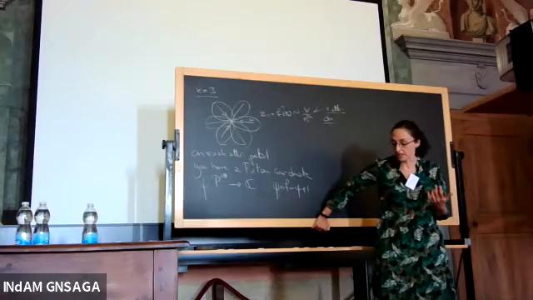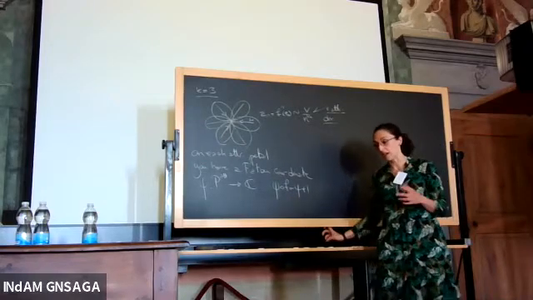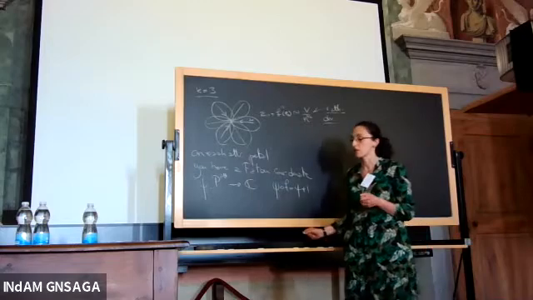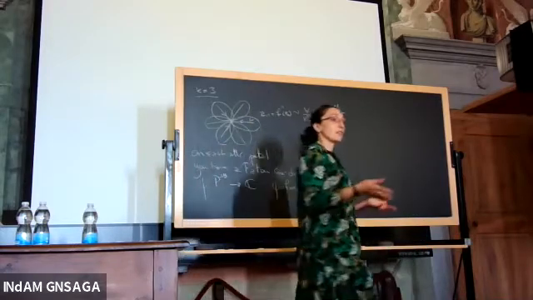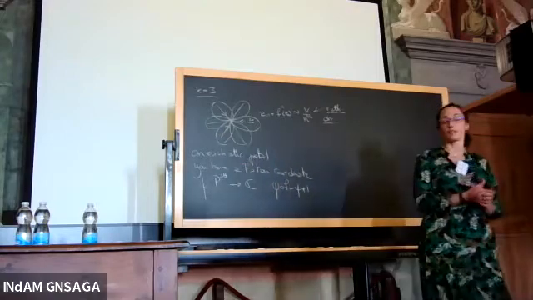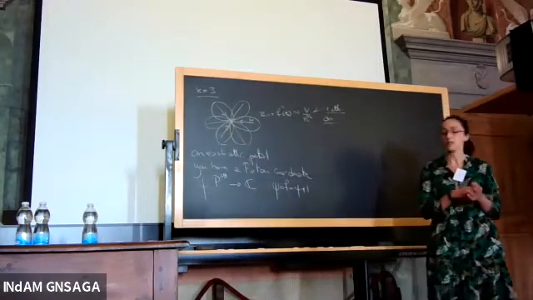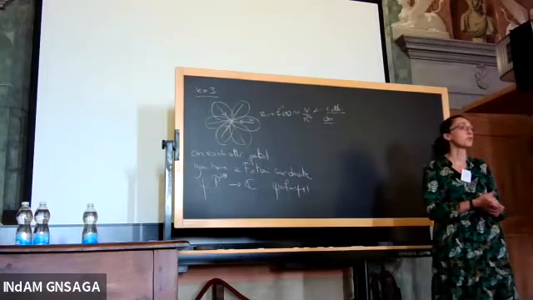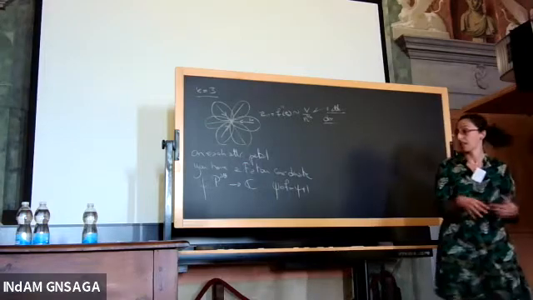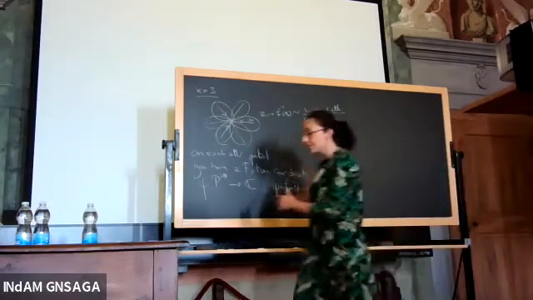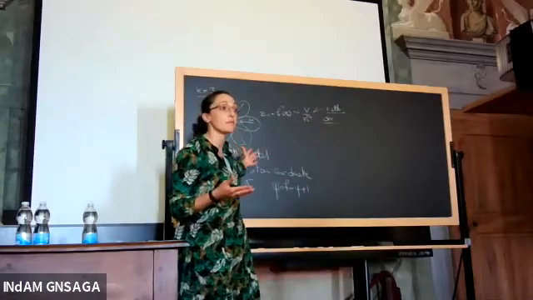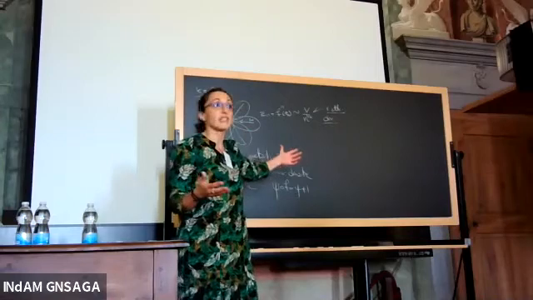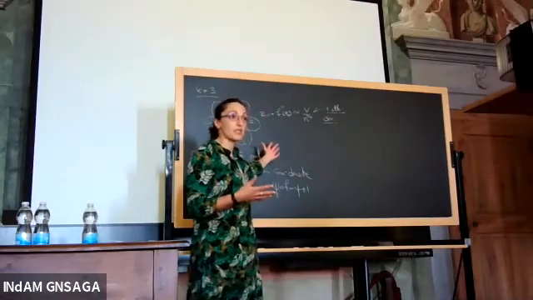By using parabolic implosion techniques and other stuff, which is more technical than what I'm going to tell you today, for example, Xavier Buff and Arnaud Chéritat were able to prove their result on the positive Lebesgue measure of the Julia set, and so on. So there are plenty of reasons why you could try to study this kind of dynamics, but the very first reason is you want to understand what happens.